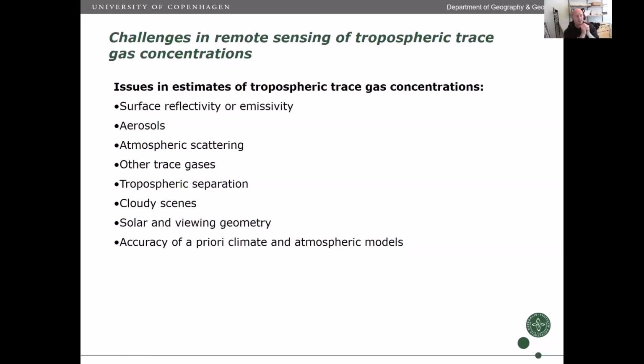So we need to consider the solar and viewing geometry at the point in time when we're taking the measurement. And then, as mentioned, it's not an actual measurement. We are creating a model to convert this reflectance into the product, and therefore we need to consider the accuracy of these models as well.